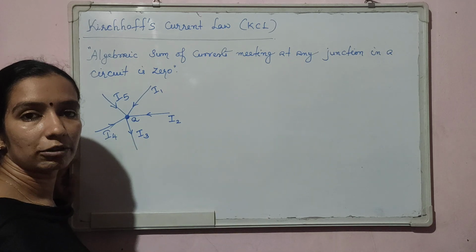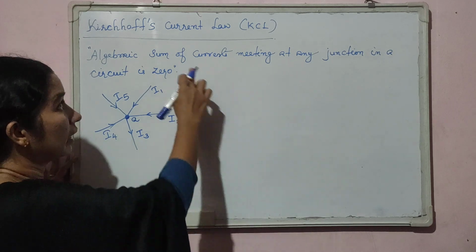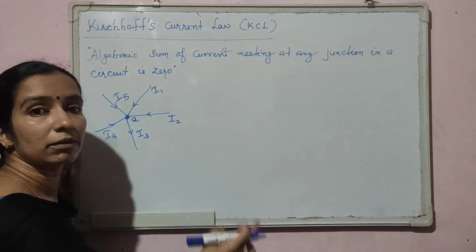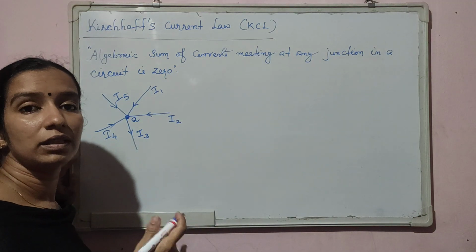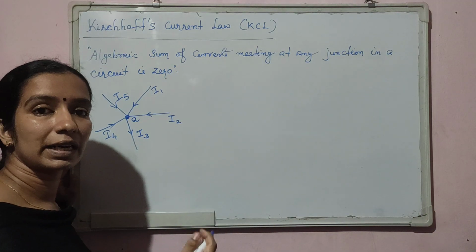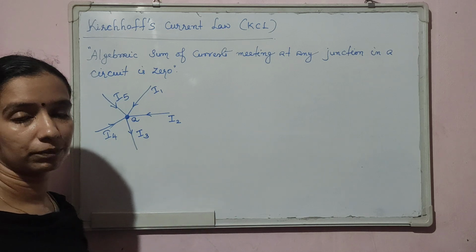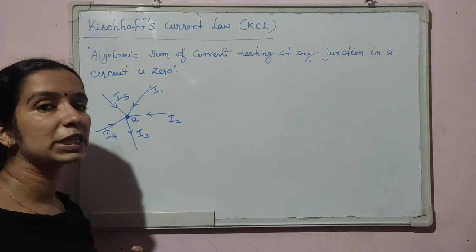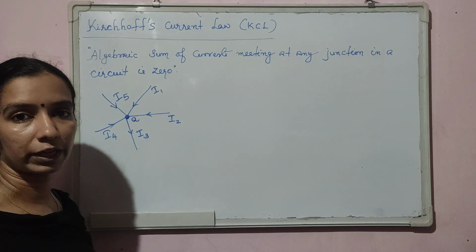So for calculating the algebraic sum, we should know the sign of current, whether that current is positive or negative. And that sign depends on the direction of flow of current.